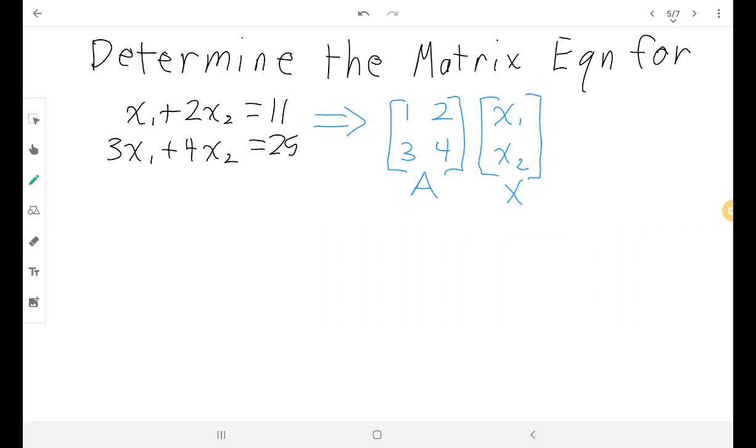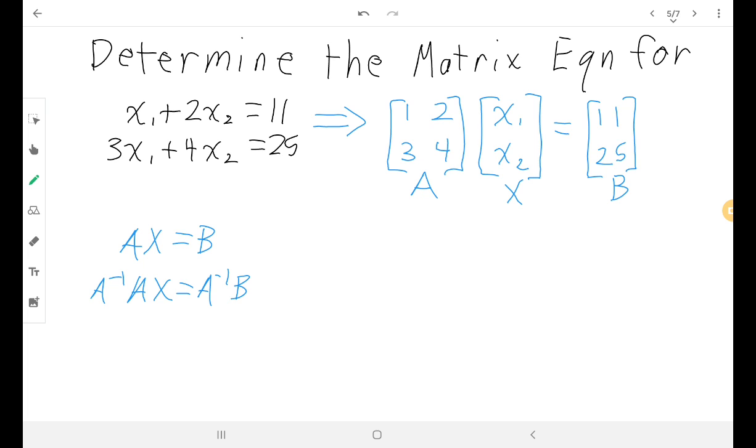And so there is our matrix X, and it equals matrix B, which is our constants, 11, 25, and there's our matrix B. So now we've got our AX equals B. We're going to do A inverse times A times X equals A inverse times B. And I'm going to do this in MetaCalculator again, okay? But I will actually show you what A inverse is.